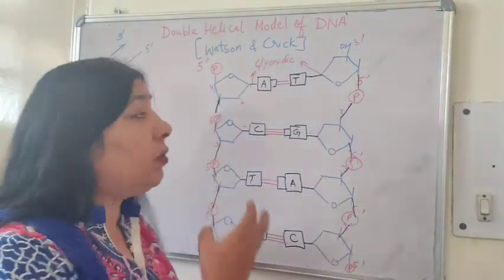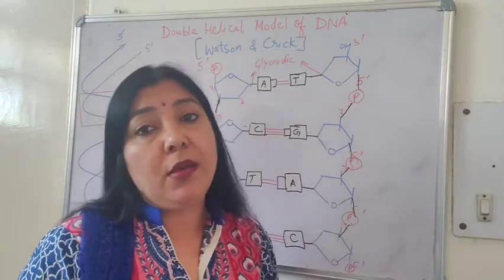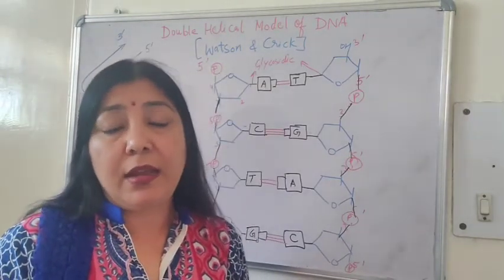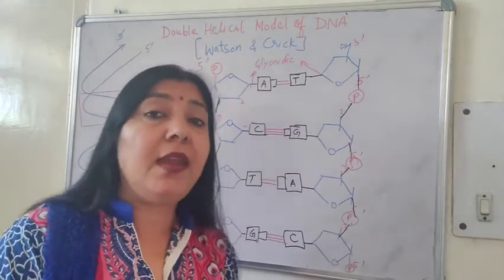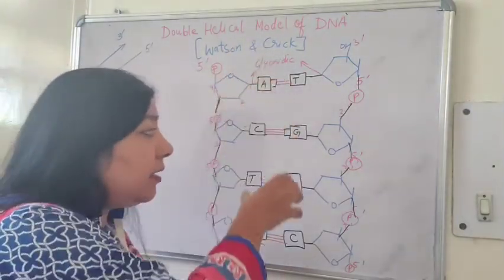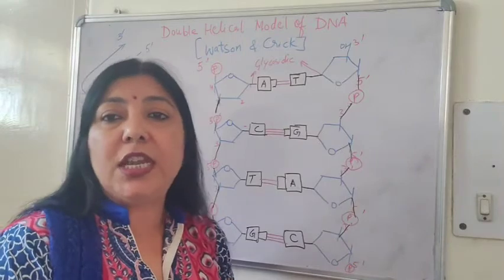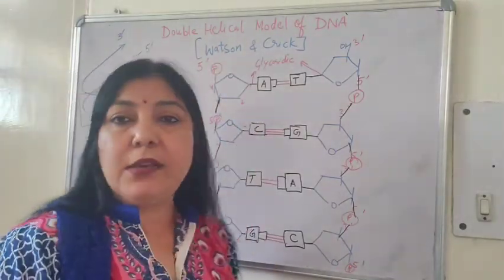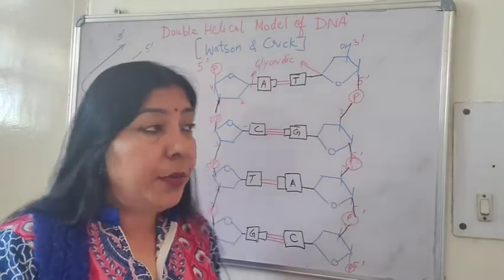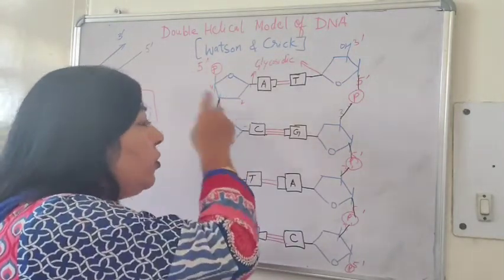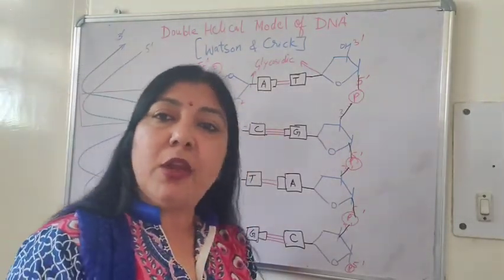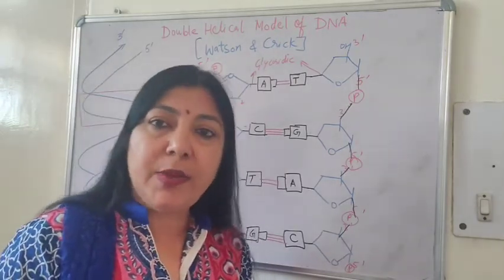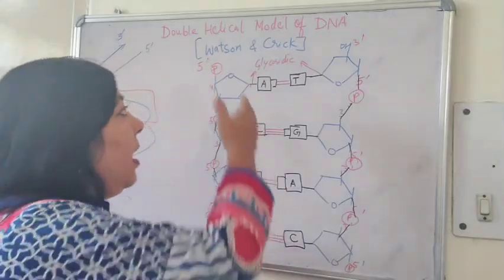I hope you have understood the structure of the polynucleotides, that is nucleic acid, DNA and RNA. The basic difference between DNA and RNA is that DNA is a double helical structure. There are 2 chains, whereas in case of RNA, it will be only a single chain. The other difference would be the pentose sugar present in DNA will be deoxyribose, whereas in RNA, it will be ribose only.